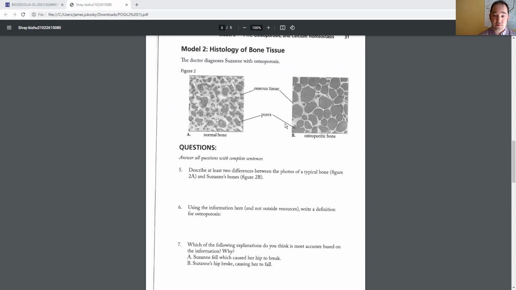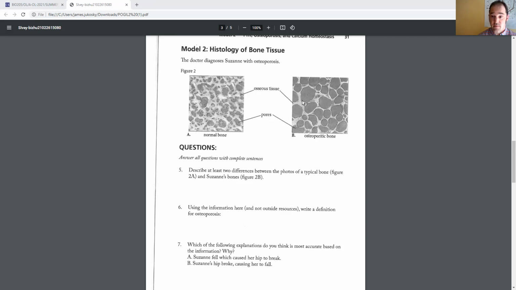Okay, so looking at osteoporosis here, we've got normal bone, and then we've got osteoporotic bone. We can see there's less of these trabeculae, so less bone tissue. There's less osseous tissue, and there's bigger pores, more air space, more fluid space.